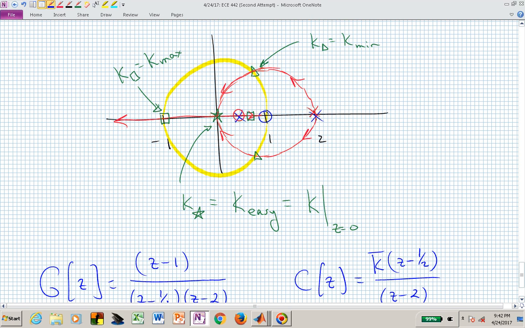And that nice circular shape now allows us to make the following observation. The distance from the origin to that triangle, because that triangle is on the unit circle, I hope it's clear that that length is 1. We know also that this is a pure circle, and the radius of that circle had this geometric mean value of 1.